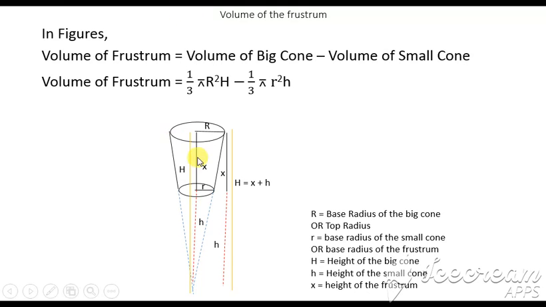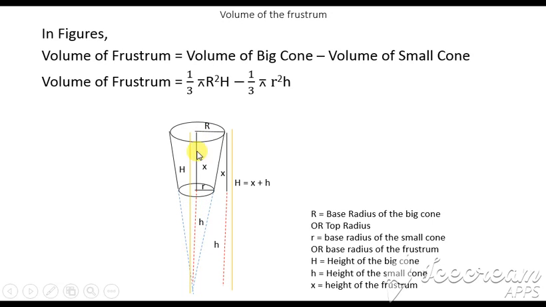This is a representation of the labels. The label can be put here as you've seen, and it can also be put at the other side. It means the same thing. Note that the small h is the one in the red dotted line. That's the height of the small cone that was assumed to have been cut out.